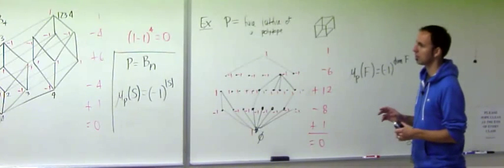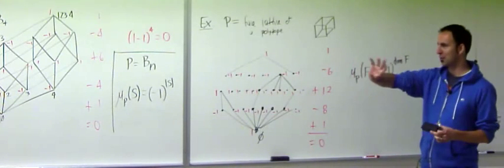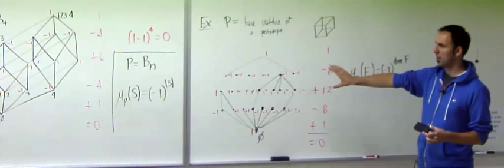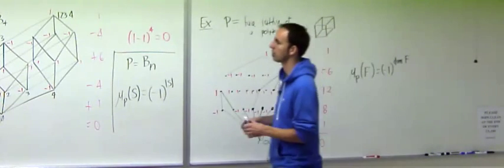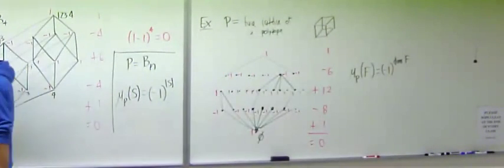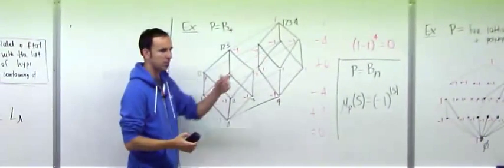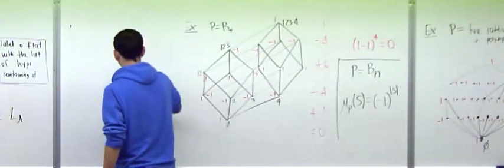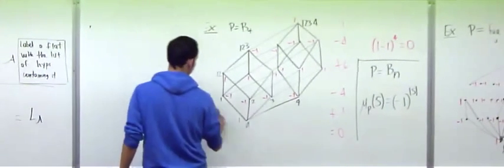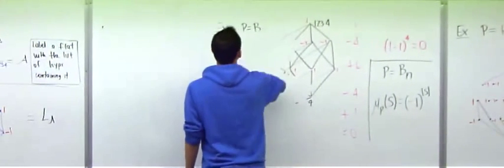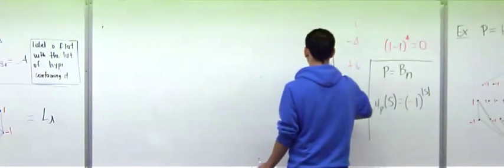Okay, so the Mobius function is lovely for these three posets. For the poset of divisibility of natural numbers, well, this is no surprise from this, right? Because this is a special case of that. But it's not so nice there, right?